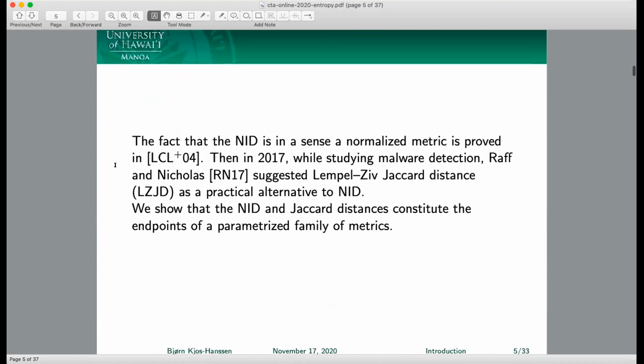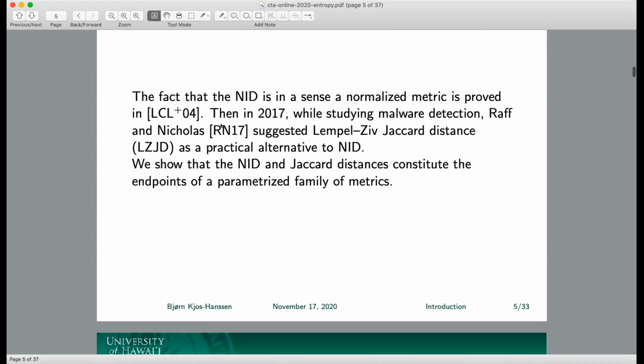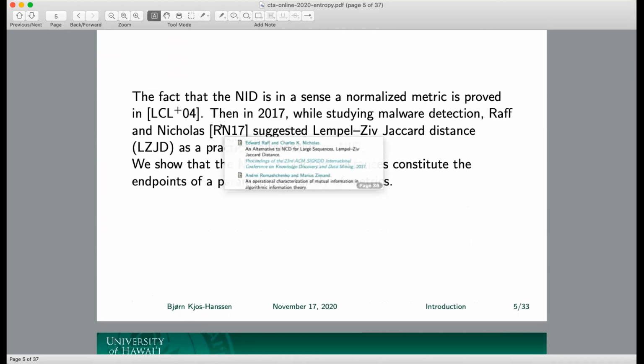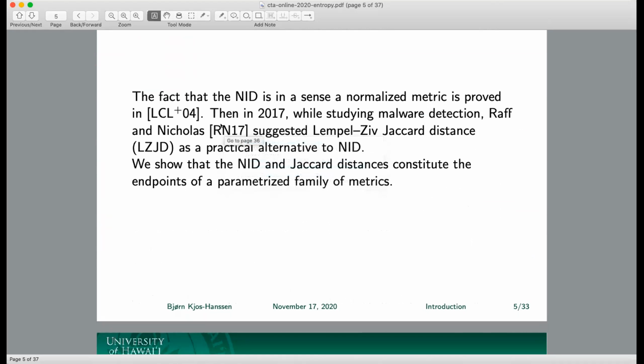Later, in 2017, Raff and Nicholas, looking at a totally different topic, malware detection, took the normalized information distance but went back to the form in the bioinformatics paper. So there seems to be some going back and forth between these two possible ways of making a distance function. It turns out they are the extreme points of a family of metrics.